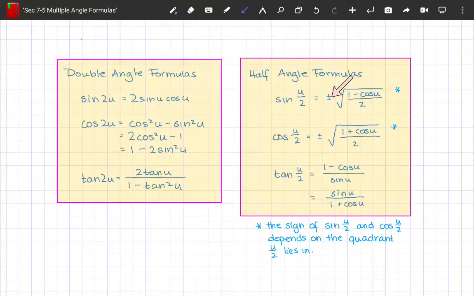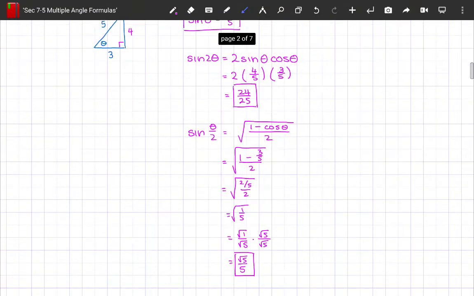Remember, we've also got that plus or minus. So we have to think about what quadrant u over 2 is in to know if it's a plus or minus. But we now know that u is 7 pi over 6. So we've rewritten the angle so that it's u over 2, so we have the value of u.